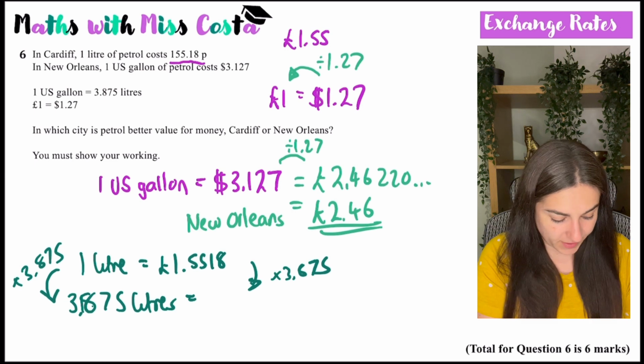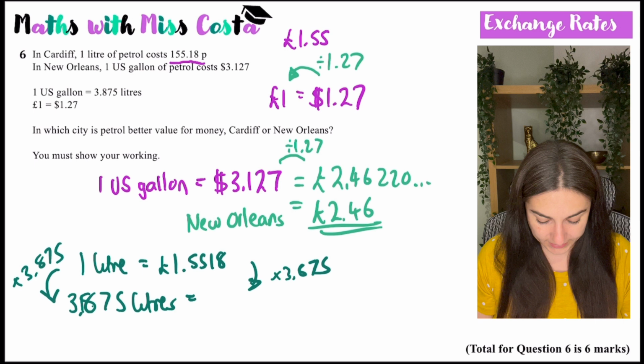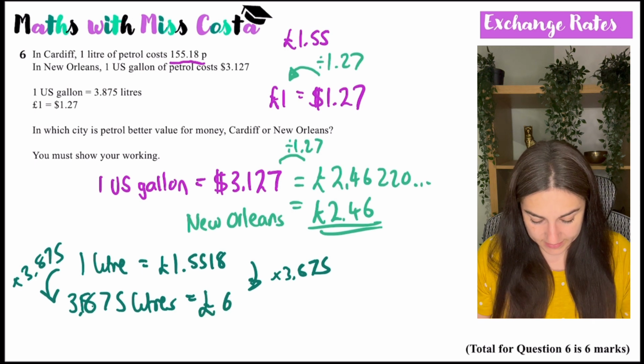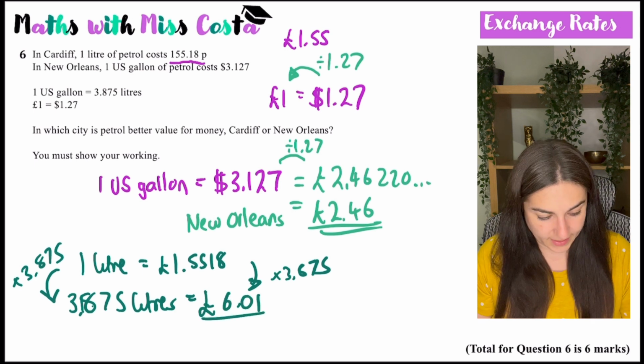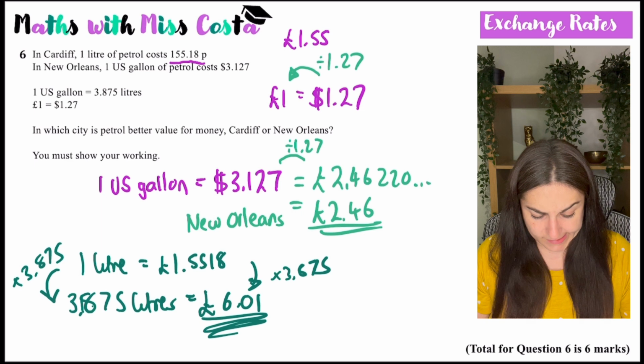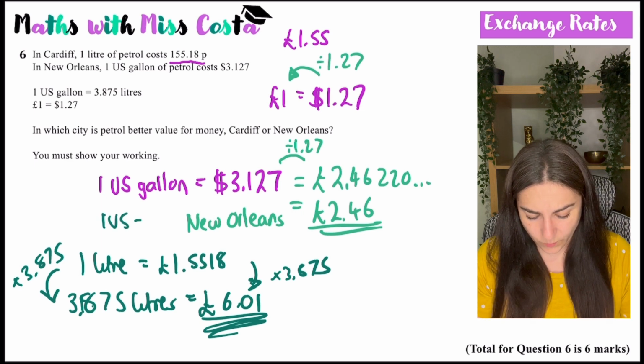3.875 times by 1.5518 equals £6.01. So therefore, in New Orleans, 1 US gallon is £2.46, and in Cardiff, 1 gallon is £6.01.